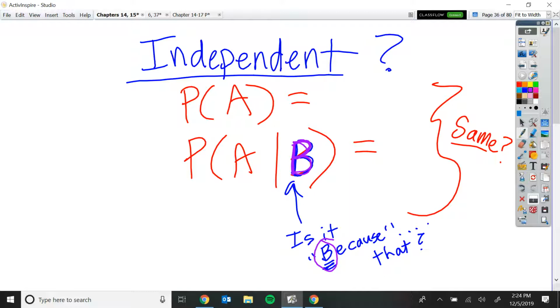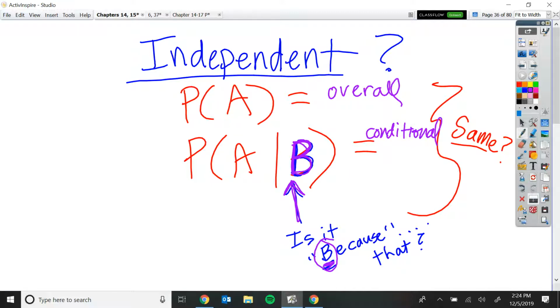So because you're a female, is that changing the probability of you going to Whataburger or whatever it is that the problem's about? Because you're a senior, is that changing the probability you're going to Whataburger? Because you're a female, is it changing the probability you eat breakfast? Whatever. So your kind of explanatory one is the one that goes here. And then the other one, you're seeing if your overall probability of A and your conditional probability of A change, or are they the same?